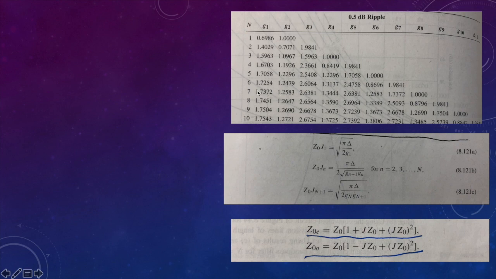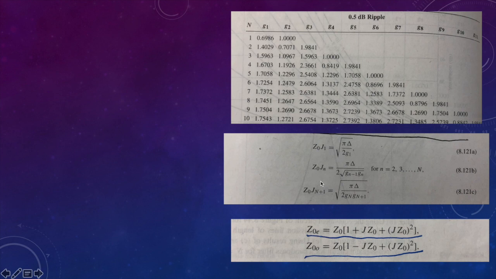Once we find these parameters, we can use these equations to calculate what this value is. In this equation, delta is the fractional bandwidth for the bandpass filter. In our case, it is 10%. And g1, g2, and gn+1 are the values as we settled down.